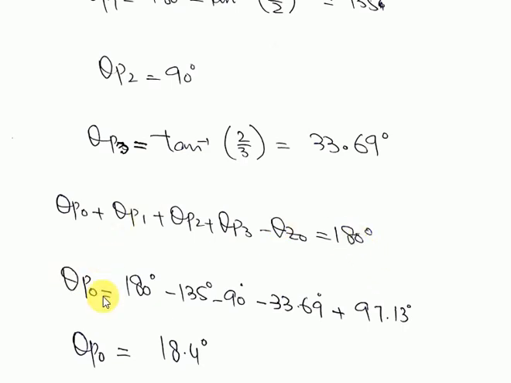So theta p naught is equal to 180 minus 135 minus 90 minus 33.69 plus 97.13. So the angle of the compensator's pole is 18.4 degrees. So this is the angle of our compensator's pole.